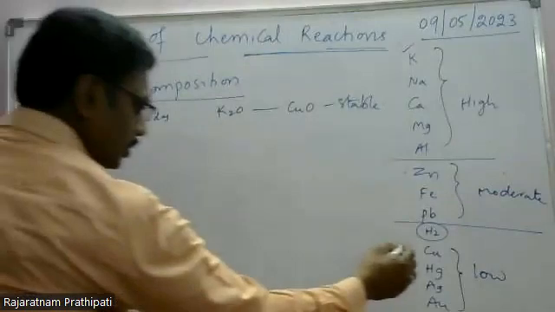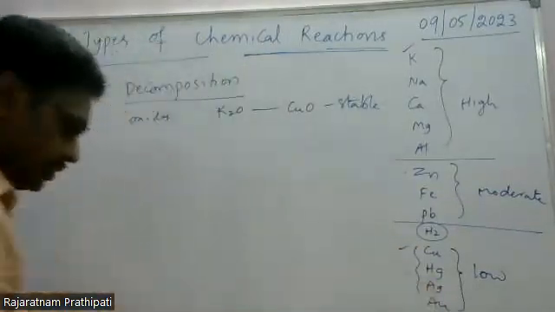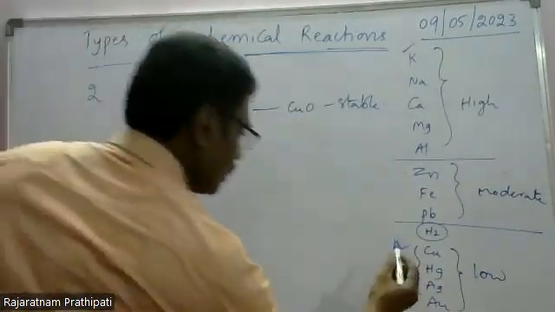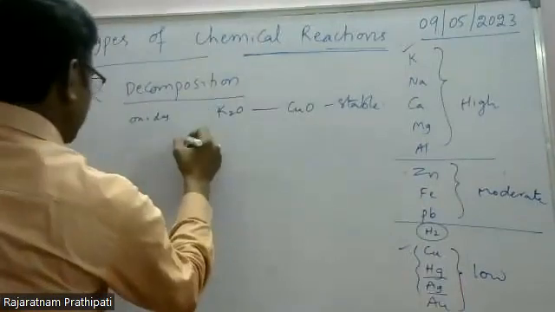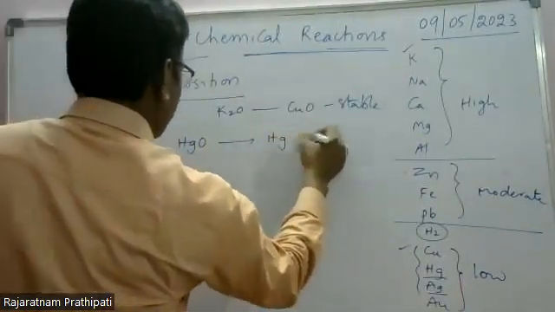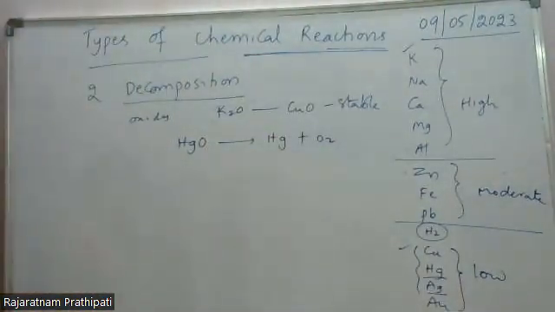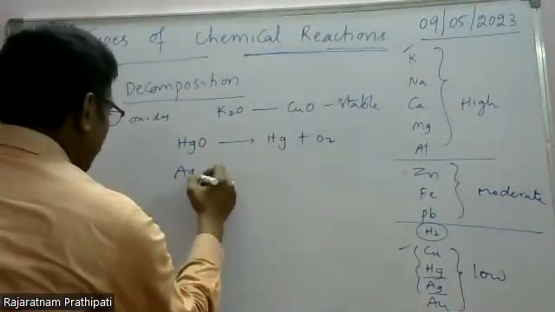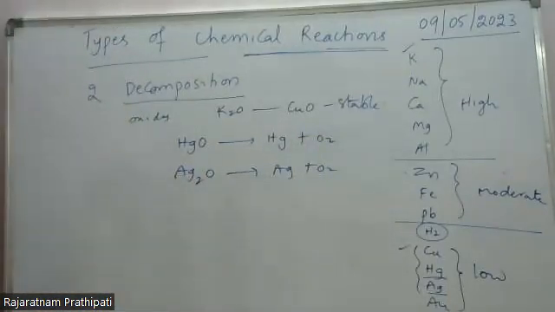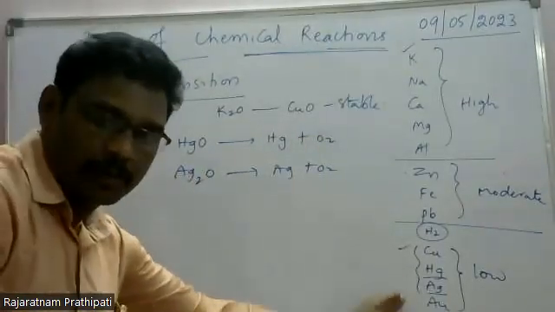But in the case of mercuric oxide and silver oxide, look at this: HgO converts to Hg plus O2. Silver oxide, Ag2O, gives rise to Ag plus O2. These are low reactive metals.